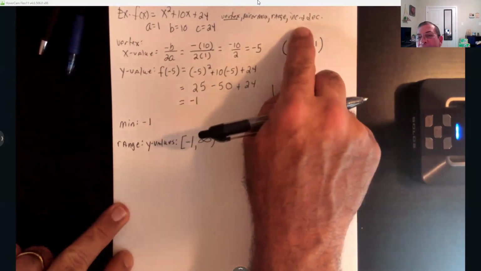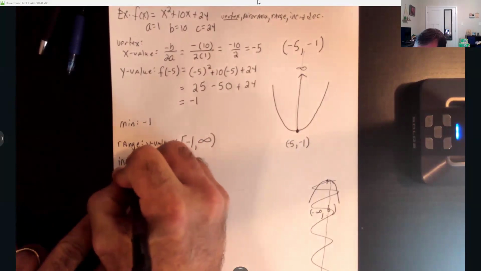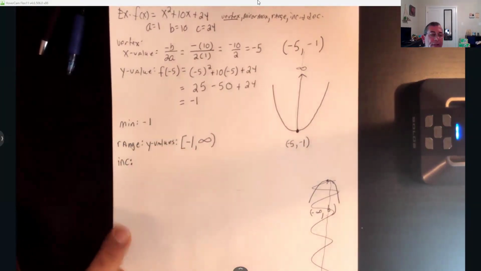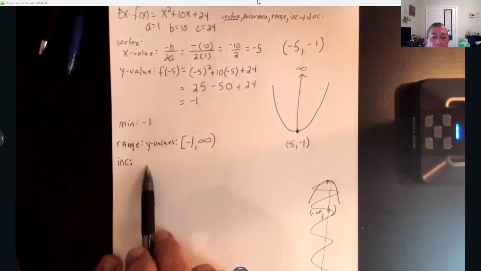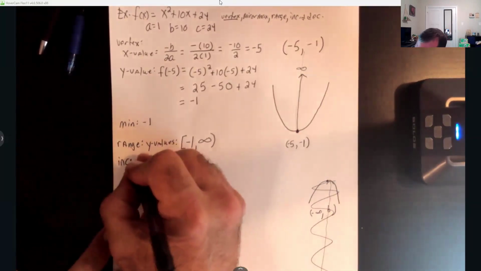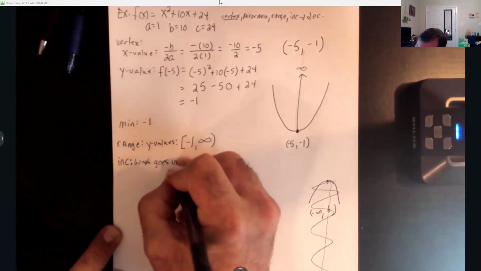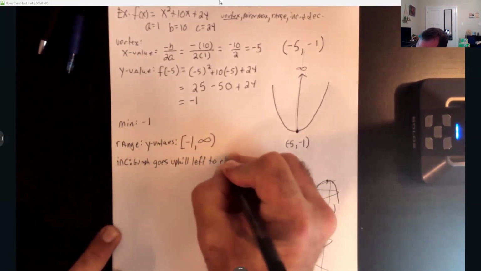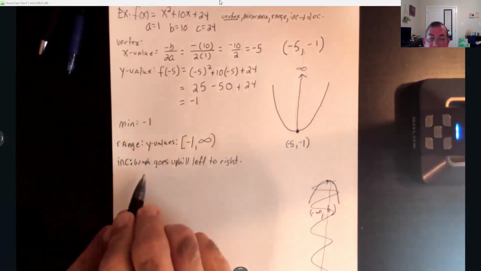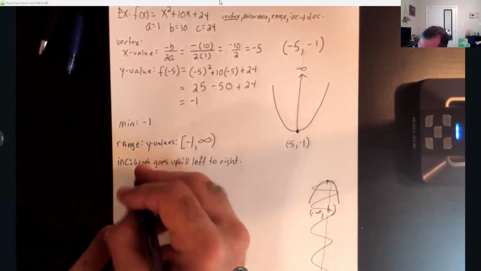Then it asked me intervals of increasing and decreasing. So y'all, here's the thing. Increasing intervals, the graph goes uphill left to right. And the increasing intervals are only concerned with the x values.